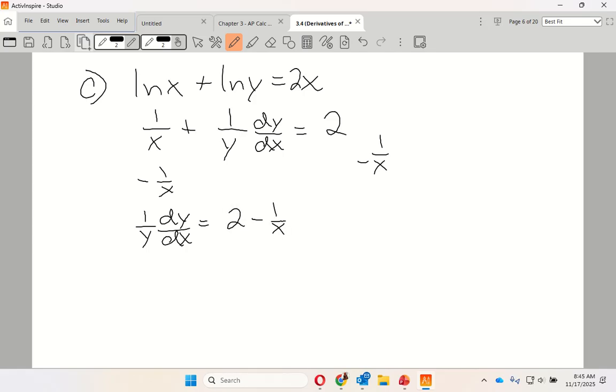Do we have to show the work on problems that say show your work? Okay. Right here, how do I undo that 1 over y? Multiply both sides by y.